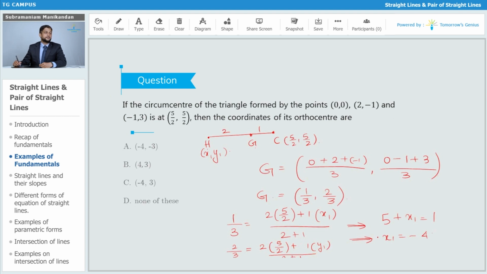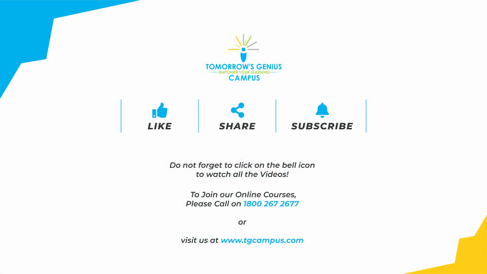So that's 3, and you get y1 as 2 minus 5, so that's minus 3. And so we get x1 as minus 4 and y1 as minus 3. And so that gives us option A as the correct answer. That is the coordinate of the orthocenter of this triangle.